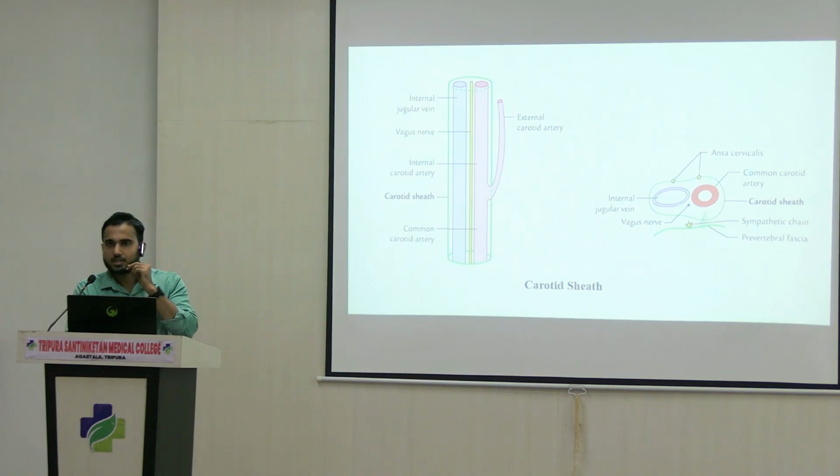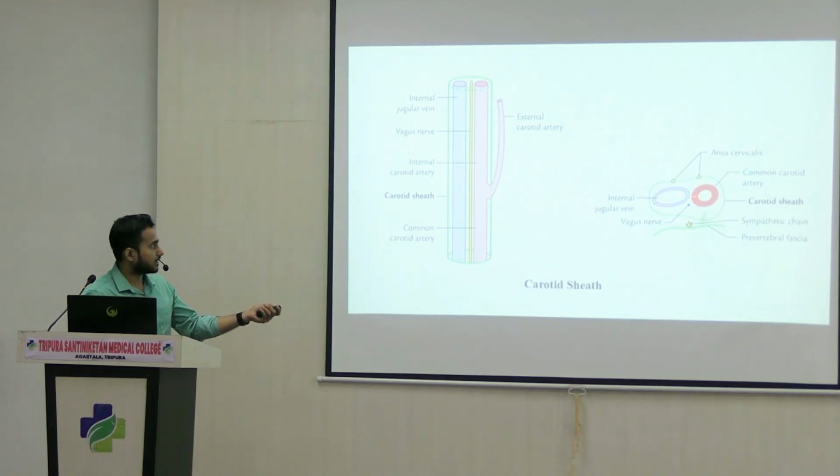Now, inside the carotid sheath, I have shown you the contents. Next, on the anterior wall and on the posterior wall of the carotid sheath, some important structures are present. In this cut section of the carotid sheath, this is the anterior aspect and this is the posterior aspect. On the anterior aspect, you can see Ansa Cervicalis. In the last class, several times I have mentioned the Ansa Cervicalis.